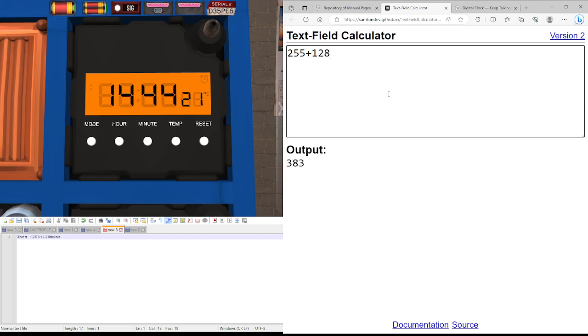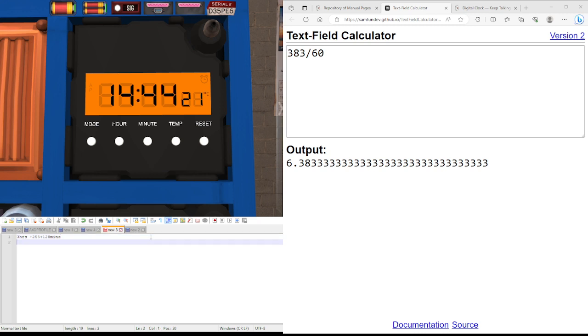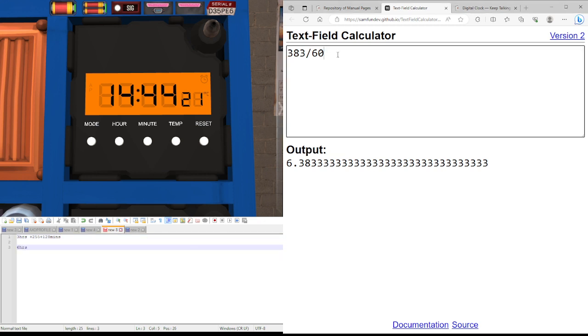so it's 383 over 60, that's 6 hours, and 23 minutes, I'm assuming that means.